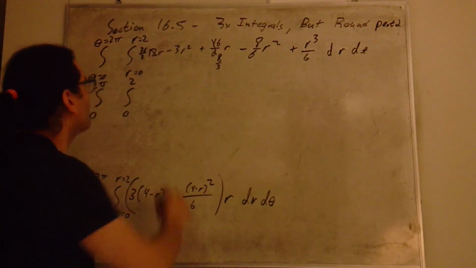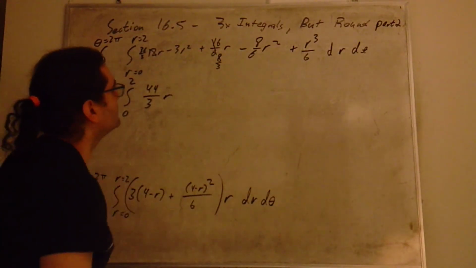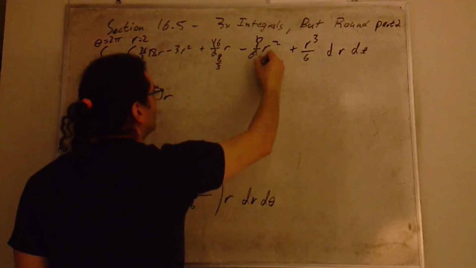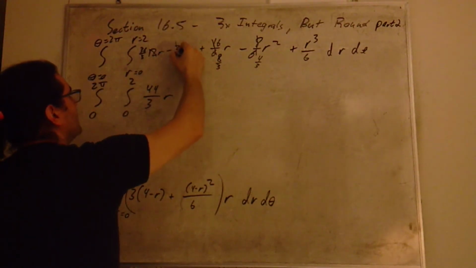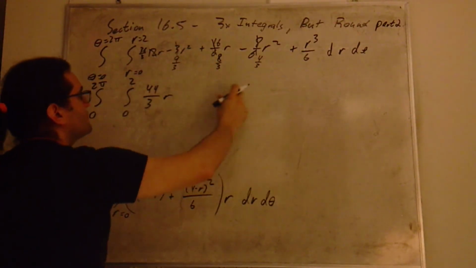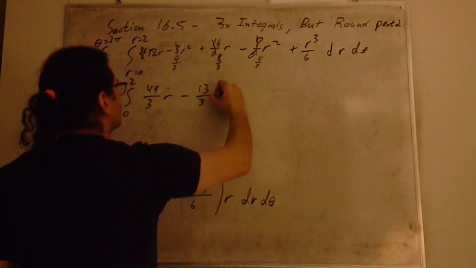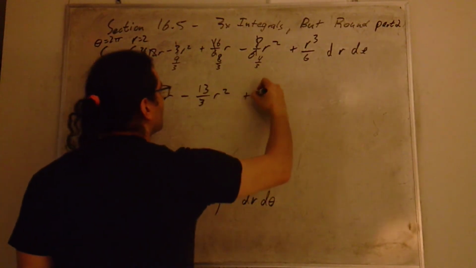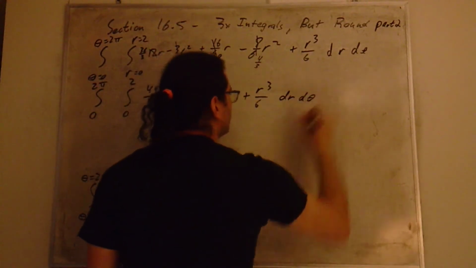So that'll be 44 thirds r. This is 4 thirds. And this is 9 thirds. Both are negative, so minus 13 thirds r squared plus r cubed over 6 dr d theta.